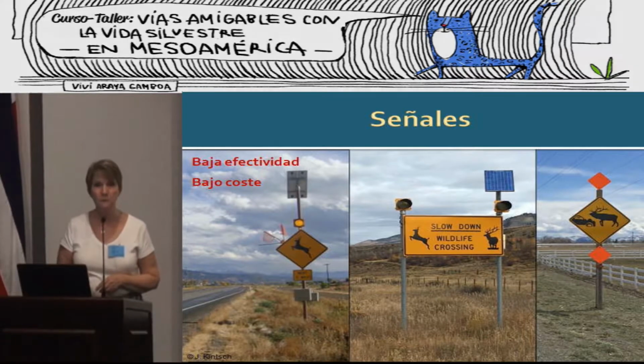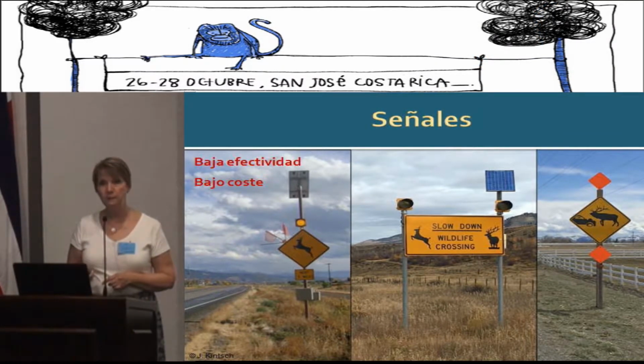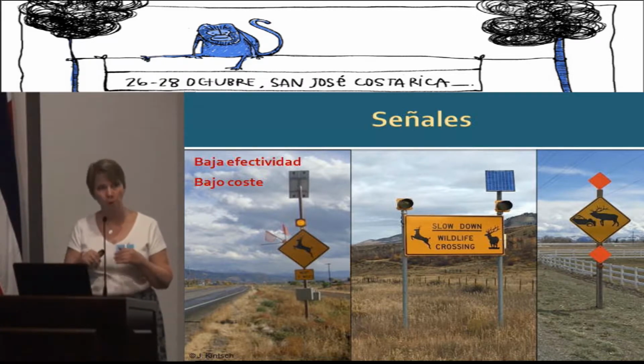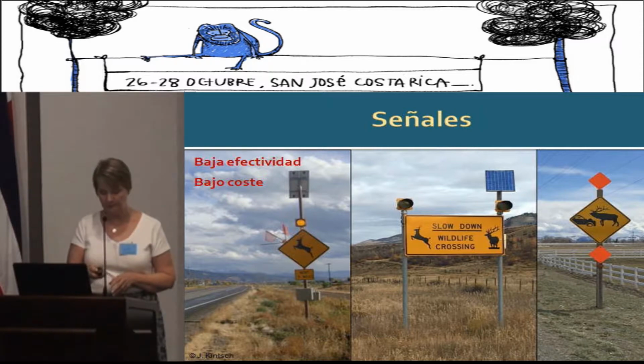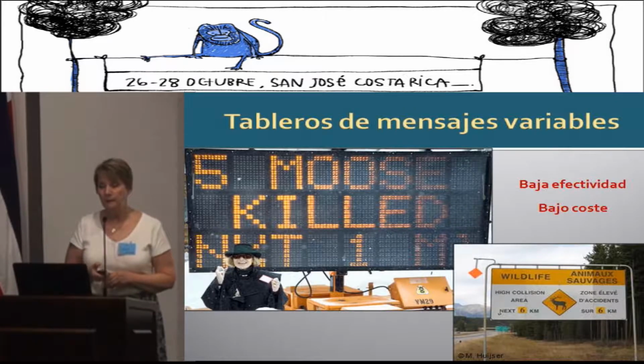There are some situations where signage does help, but just the basic idea of putting a sign out, you might actually think of it more as that public education function instead of mitigation for reducing the collision rate, because so far we don't have a whole lot of evidence that it has been effective. With variable message signs, and these are ones that change each time, drivers are not as likely to ignore them.